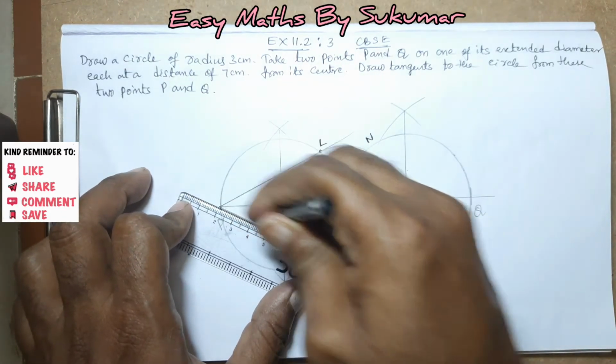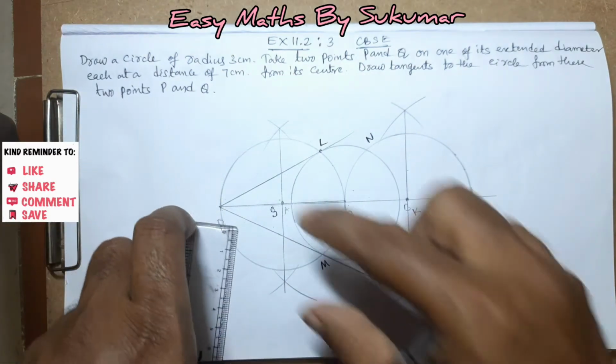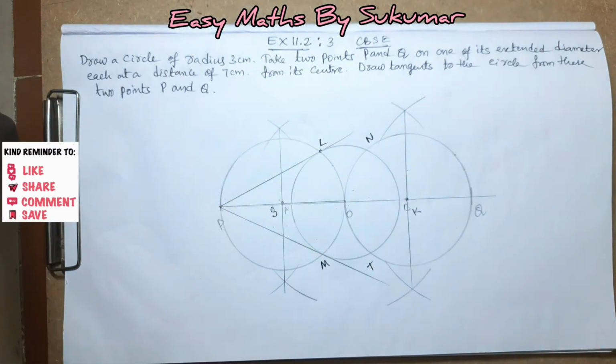So these two are the tangents from point P.